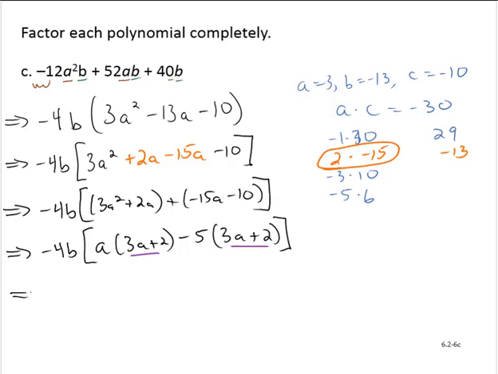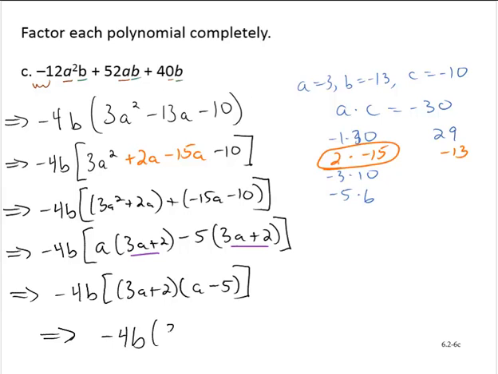So I can write this as negative 4b, bracket, 3a plus 2 times a minus 5. And again, we usually don't retain those brackets in the end, so I would write this as negative 4b times 3a plus 2 times a minus 5. And that is the completely factored form.